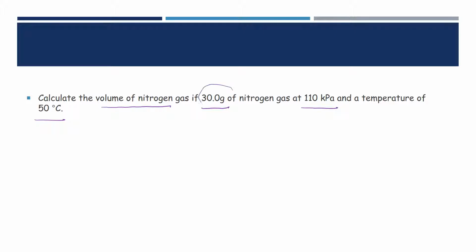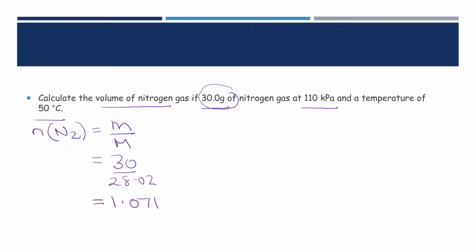Because we've got the mass of nitrogen, we can find its moles. So the number of moles of nitrogen is equal to mass over formula mass. Notice I've written the formula I'm using, and I'm telling my marker exactly what I'm doing. It is equal to 30 divided by 28.02, which comes out to being 1.071 moles.